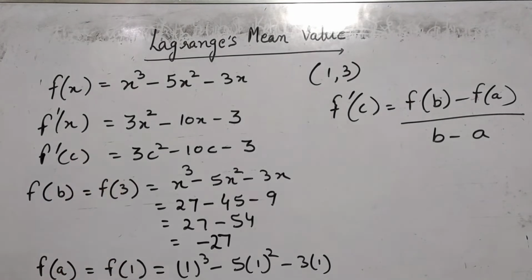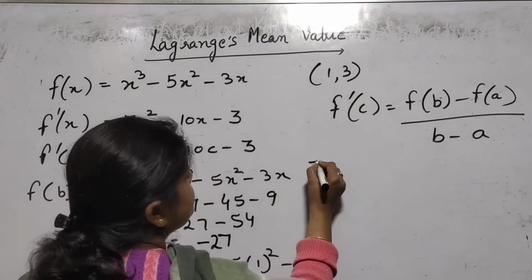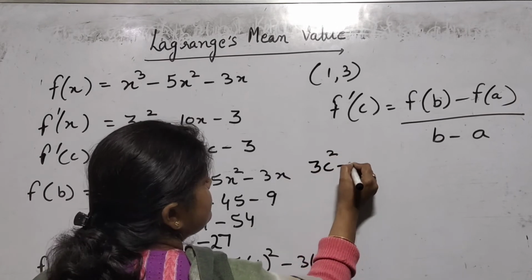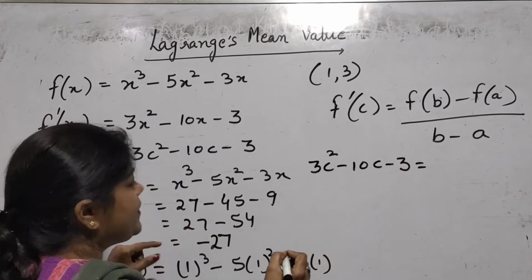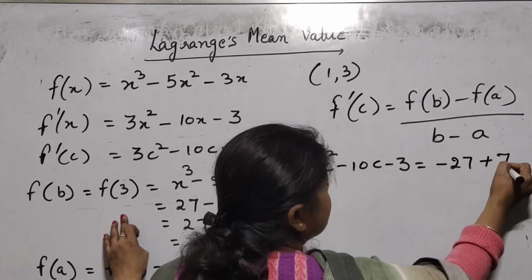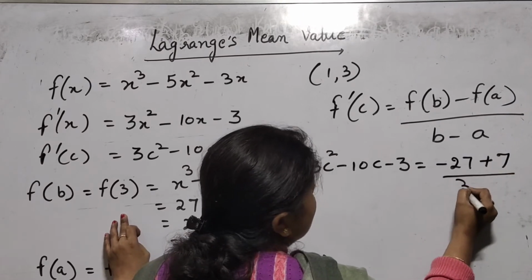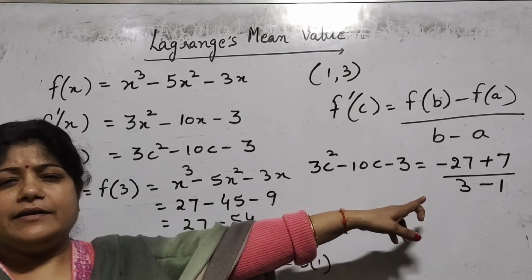Now substituting all the values in the given condition, we get 3c square minus 10c minus 3 equal to (minus 27 plus 7) over (3 minus 1). Minus minus 7, so it gets added.